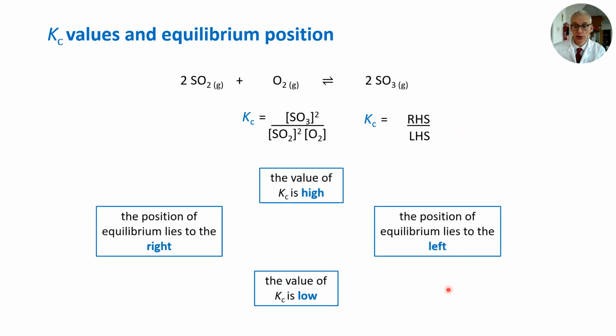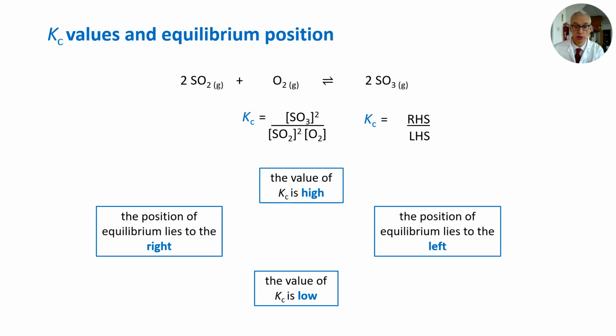So if I present you with these options, could you link the value and the position of equilibrium together in the correct pairs? Pause and come back when you have done so.